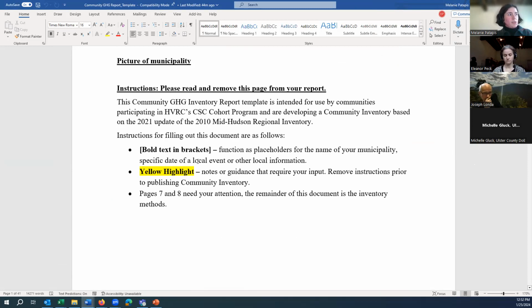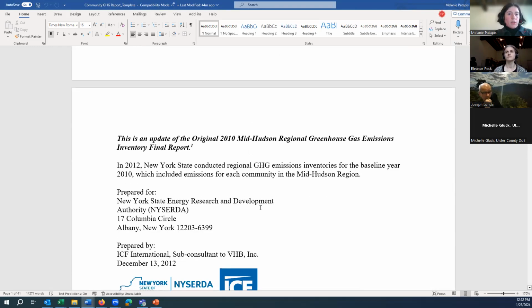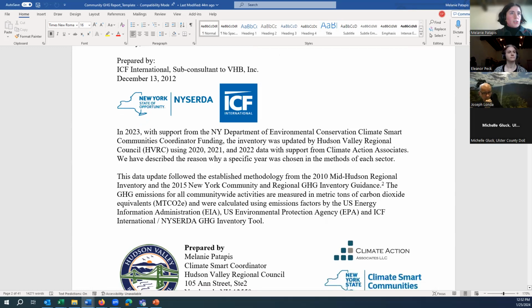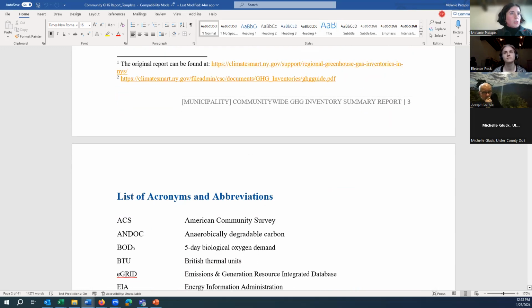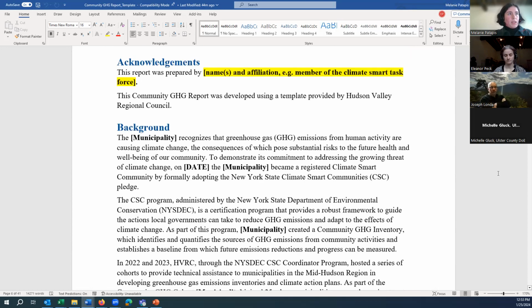There's instructions for what you need to address here. There's really only 2 pages that need your attention and for you to update with your community specific information, and the rest of it is just the methods that are in here that meet the CSC requirements for the community inventory action.